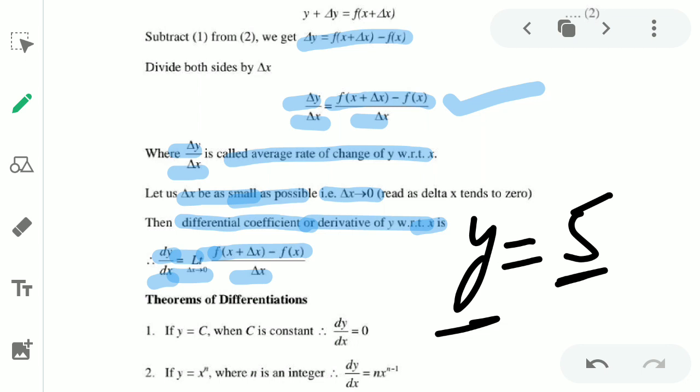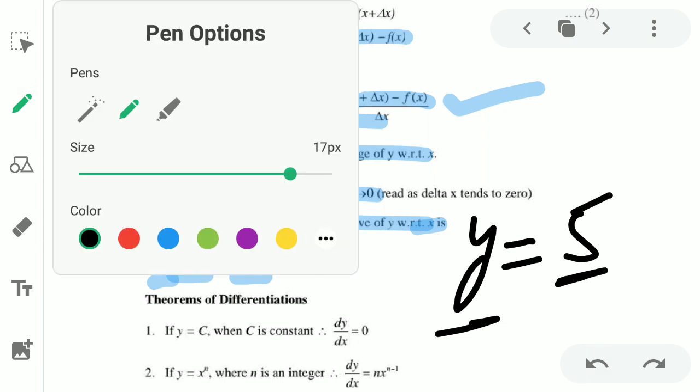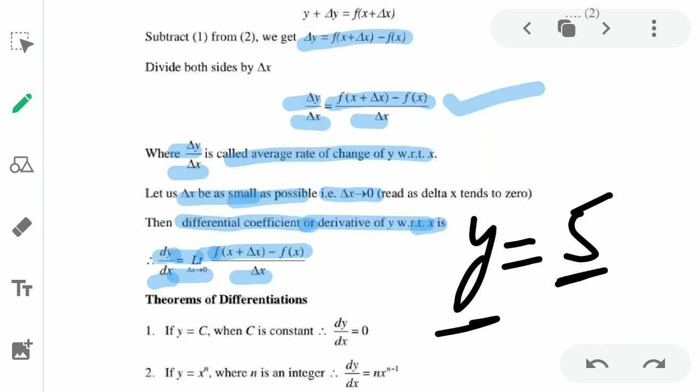If any parameter cannot depend upon another parameter, we say that it is a constant. That's why in the theorems of differentiation, we say that if y equal to c, then the derivative is taken.